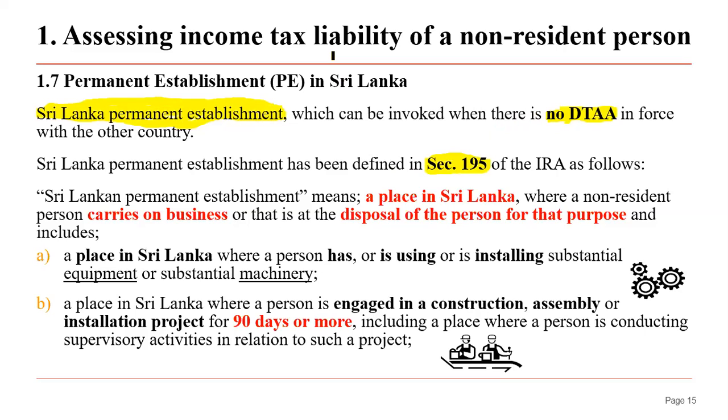If a DTA is available with the country, let's say India, then we can go with the DTA provisions, because the DTA is more powerful than the Inland Revenue Act. But if the Inland Revenue Act gives more benefit than the DTA, we can go with the Inland Revenue Act as well.